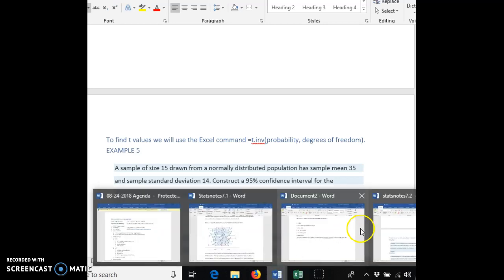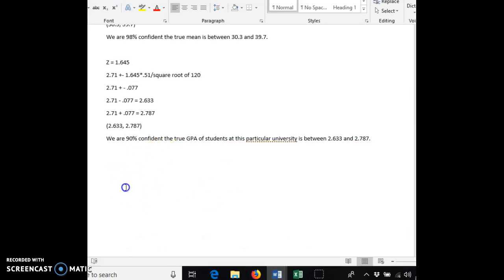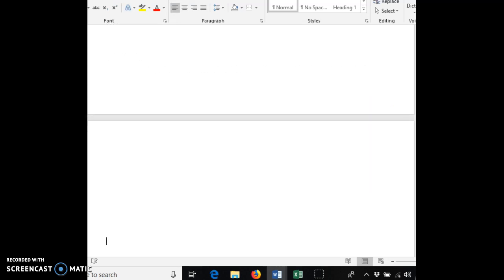Okay, so let's start by doing exactly the same thing we did before. Remember, in 7.1 we first took our confidence level, changed it into a decimal, and subtracted it from 1.